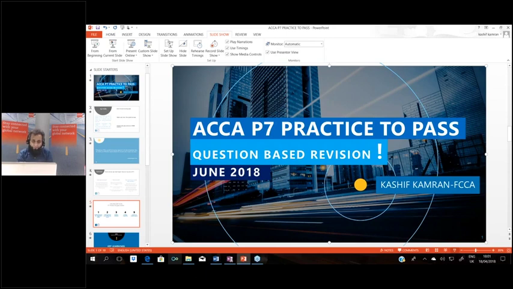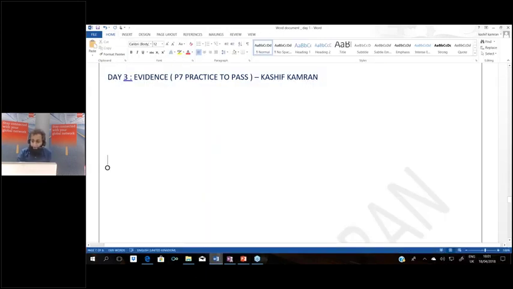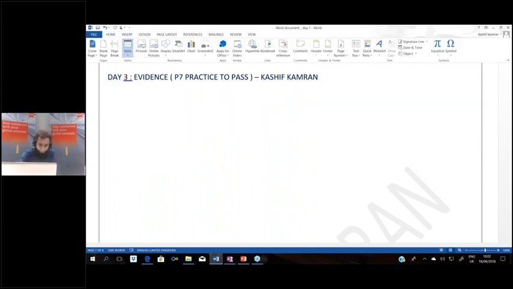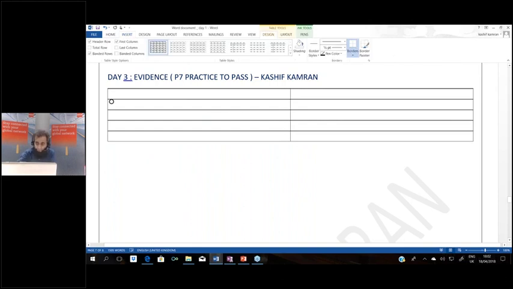Now, in terms of evidence, in P7, there are two types of questions which come on evidence, and I'll be preparing you for both types in the session today. Type 1 question which comes on evidence and a type 2 question which comes on evidence.